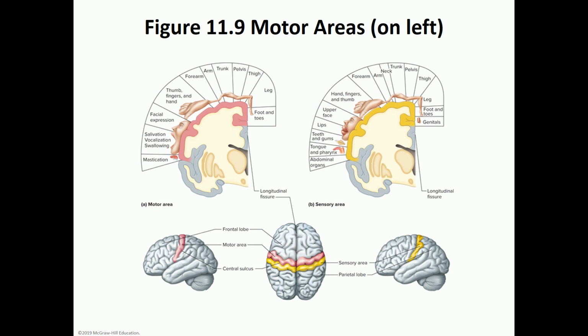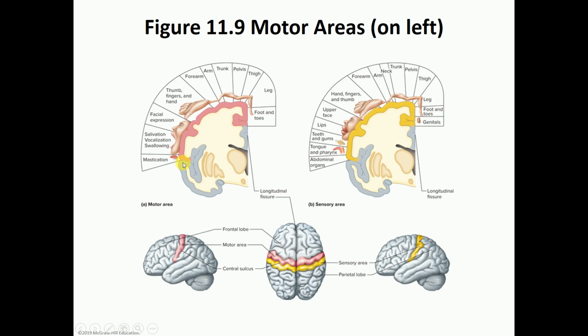Now for the motor area, again, how are our voluntary muscles represented on the precentral gyrus? It's just the same as sensory. So again, the feet are on the medial side of the cortex, while everything else is on the lateral side of the cortex.